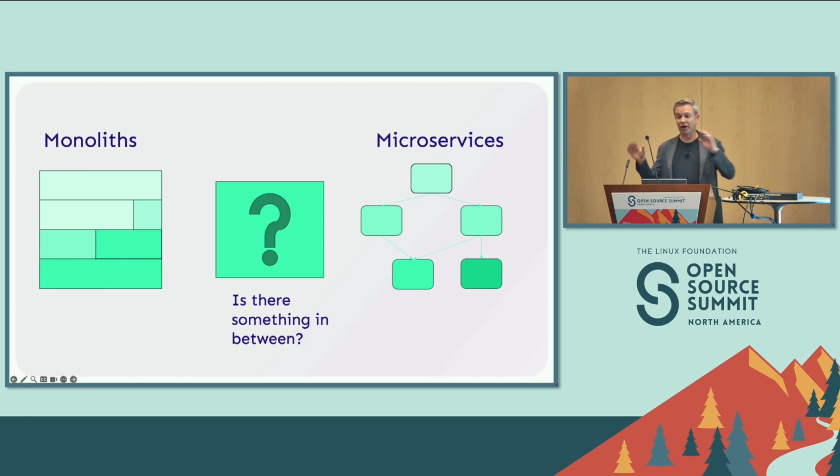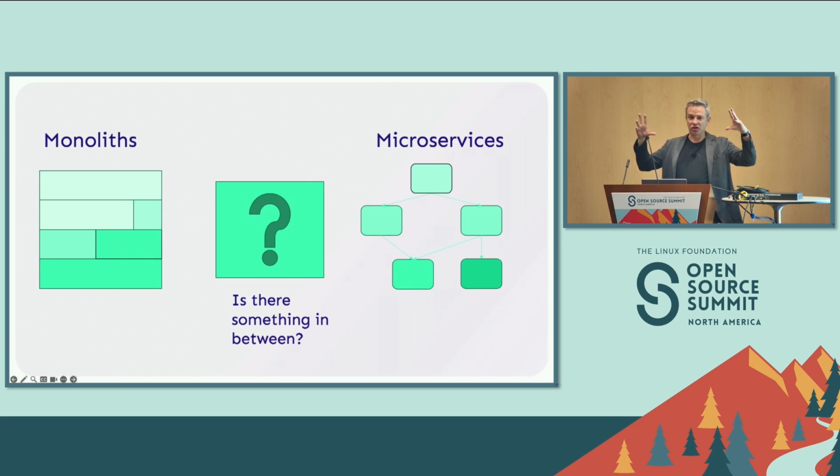So let's really quickly define those two terms so that we understand them. A monolith is a system where the entire application is one giant code base that is deployed in unison, pretty much runs as one single binary, one single runtime. Microservices, in contrast, are broken down into pieces.